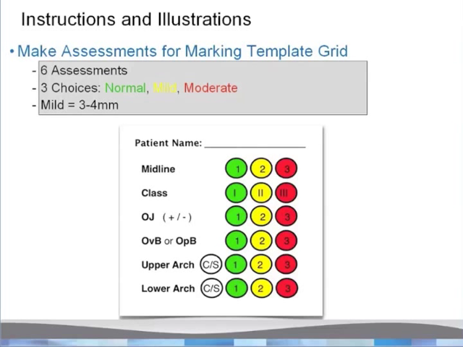So we're using a periodontal probe to make these occlusal analyses, and the measurements are the same as for periodontal pockets, where 3 to 4 millimeters is considered normal or average. The same is true in this middle row of columns. If you're making an assessment of overjet or overbite, that 3 to 4 millimeter range is what's going to give you that mild classification. So that'll all come clear as we go forward in our presentation.